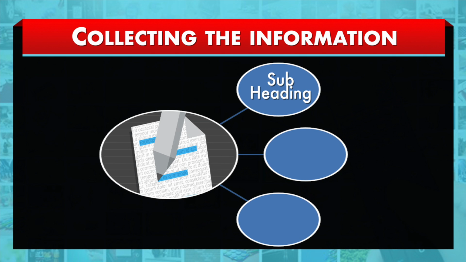There will also be clarity on subheadings and main points of the article to be written and also on the quotes given by various sources that will add color and depth to the article.